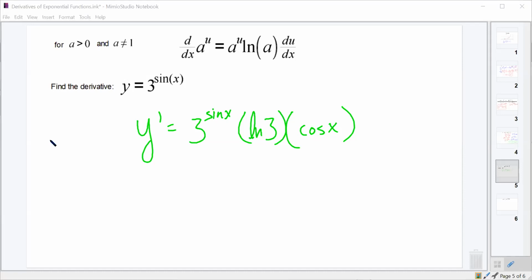So the 3 pieces we're looking at here: this part is a to the u, this part is natural log of a, and this part is du dx. Everybody good there? Any questions, any problems with that?